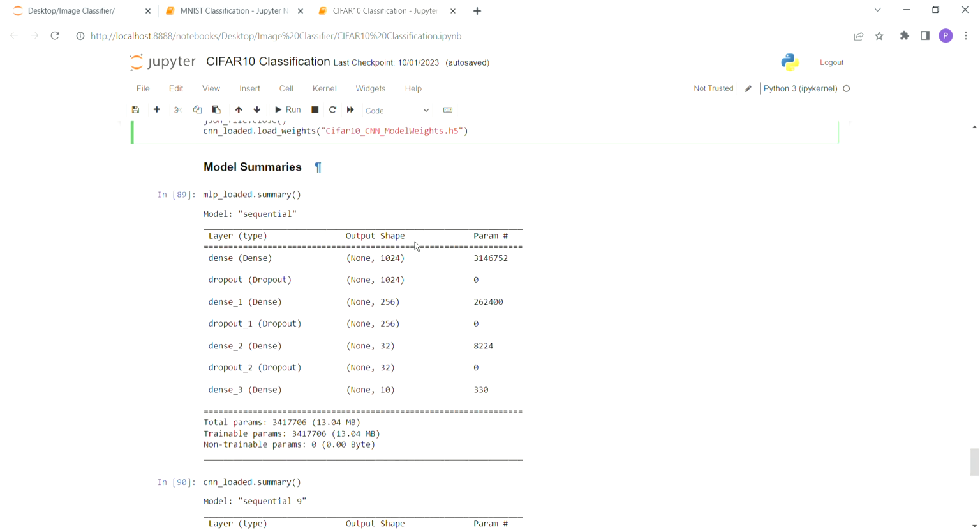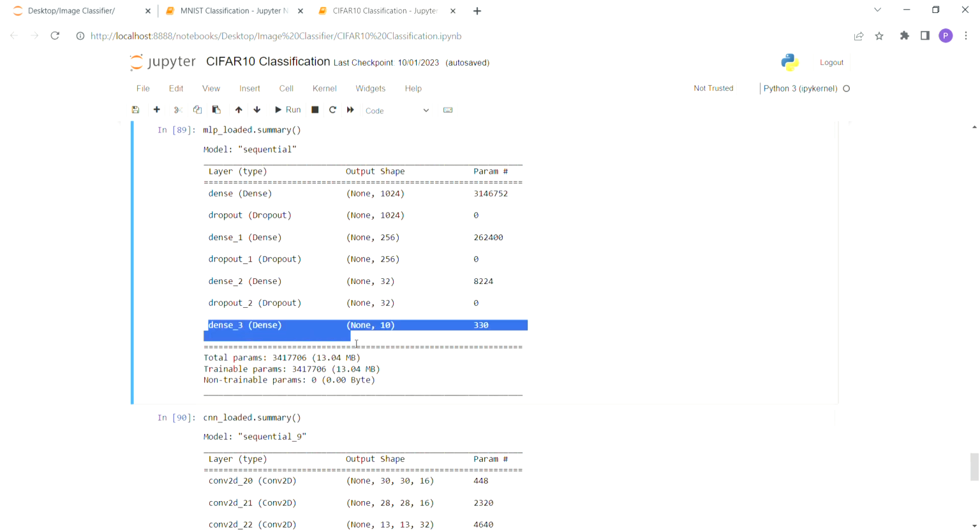So summarizing what we did: in the MLP, we created three dense layers. The first one with 1024 dimensional vectors, then 256 dimensions, and the third dense layer of 32 dimensions.